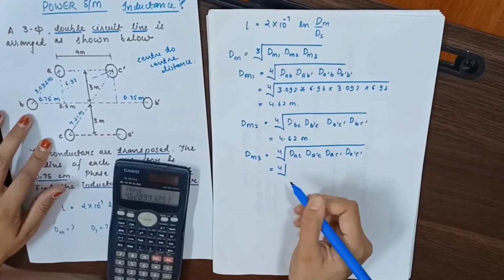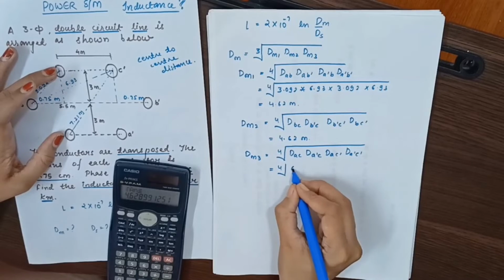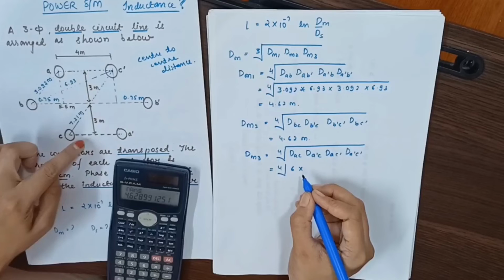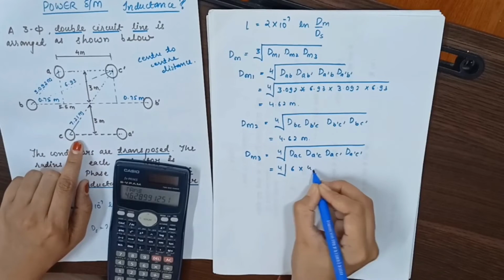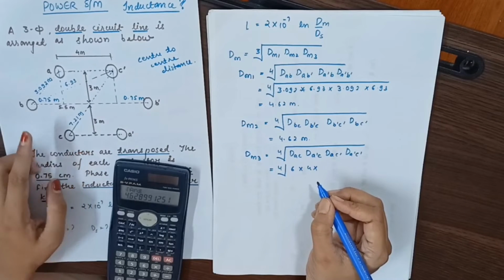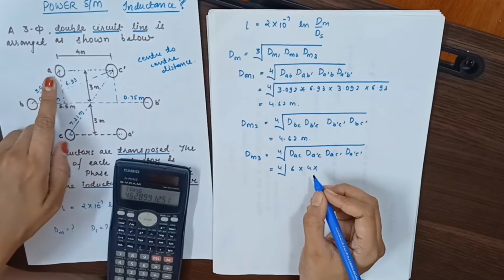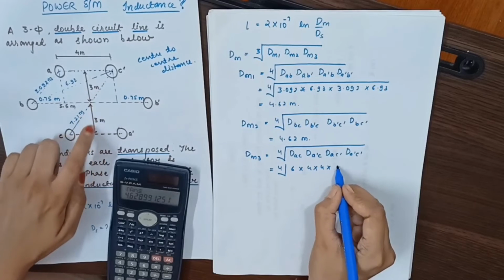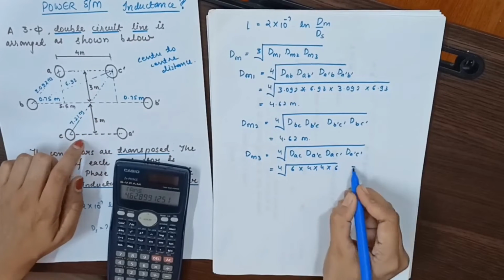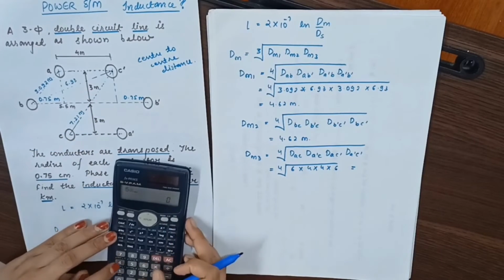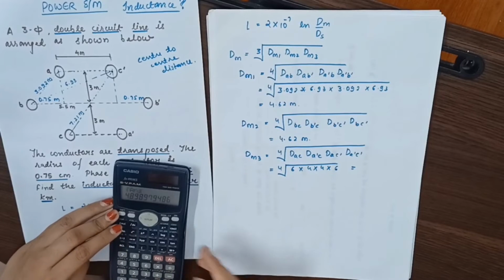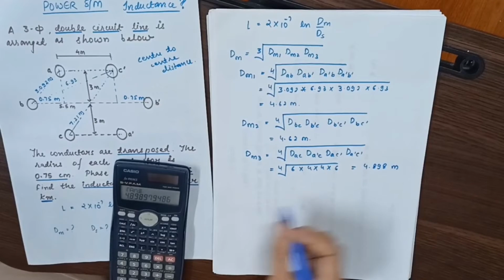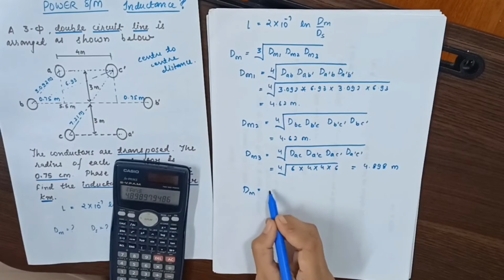Now it is 6 into 4, 4 into 6, so it will be 4.898 meters.